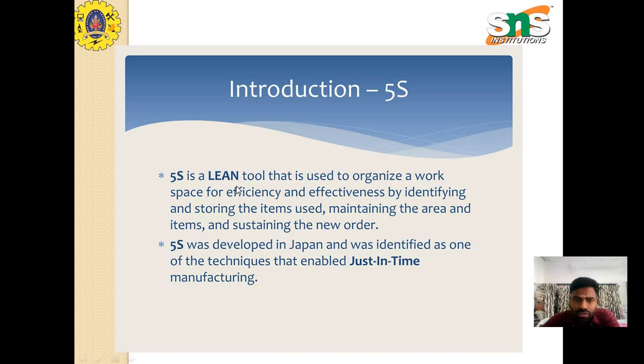So 5S is a lean tool that is used to organize the workspace for efficiency and effectiveness by identifying and storing the items used, maintaining the area and items, and sustaining the new order. So the 5S concept has five different principles: sort, set in order, shine, standardize, and sustain.